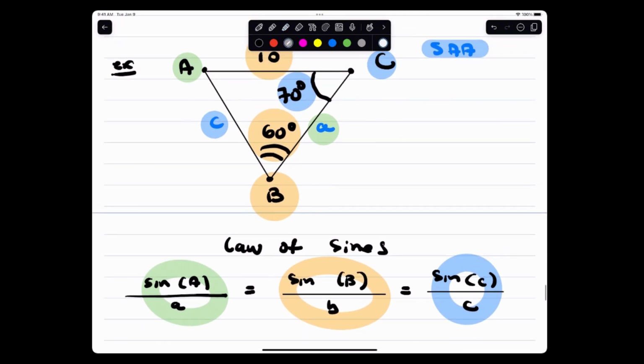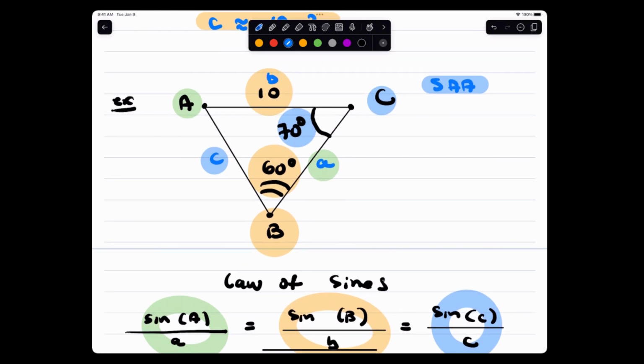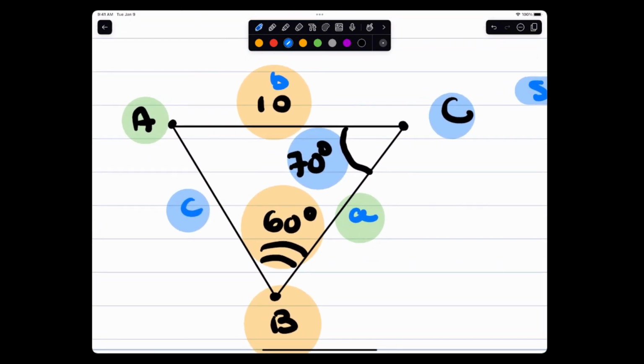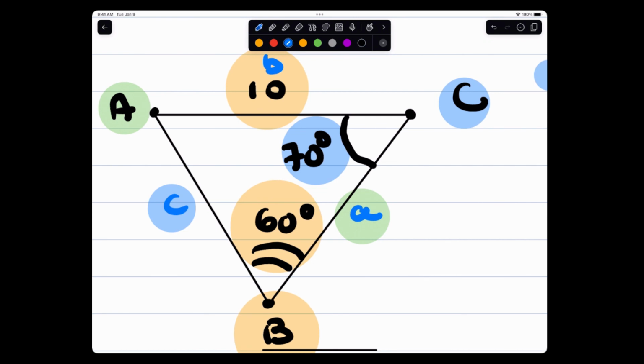So remember, which angle do you have the opposite information? Is it green? You need known values.